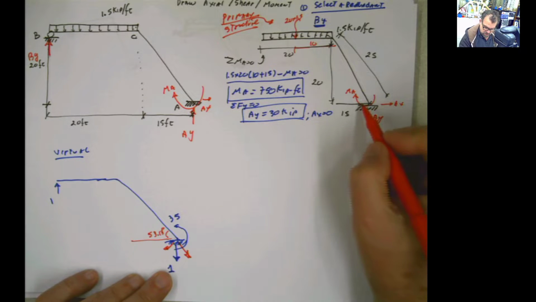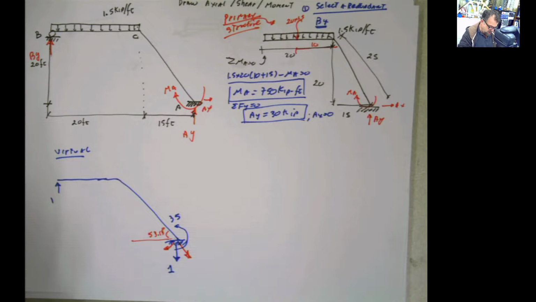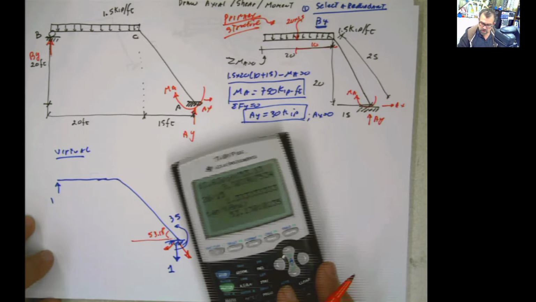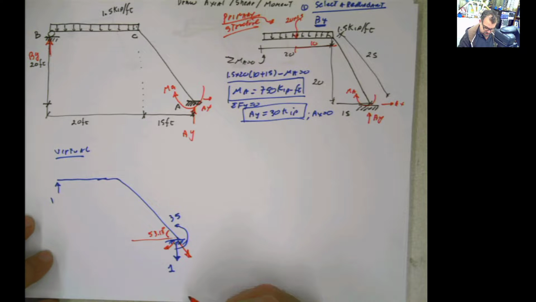Why? Because it's the inverse tangent of 20 divided by 15. And you can work that with triangle relations also, but I realized that the majority of the students get confused with those triangle relations. So I rather using angles for this approach.